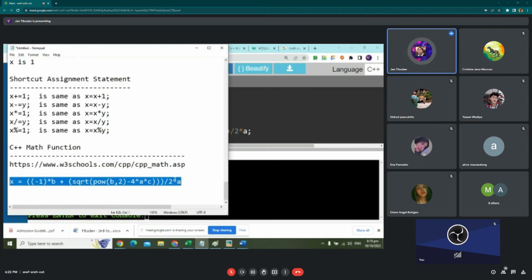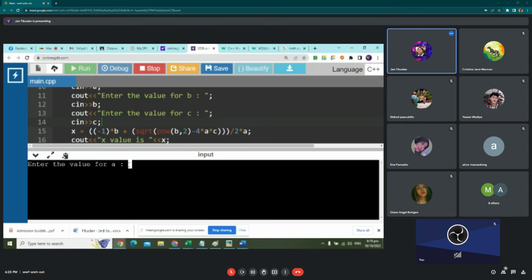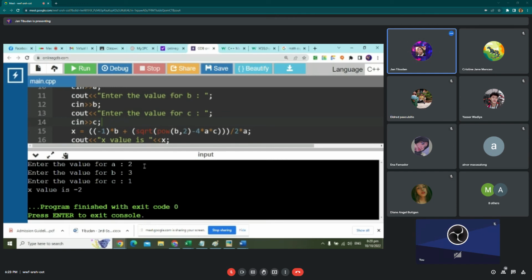So, what happens is, gagmay ra kay akong values. Okay? So, ang imuha ron diri, kung atong i-run, okay. Okay, there you go. X value is negative 2.